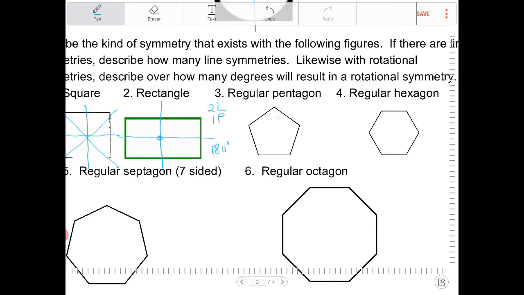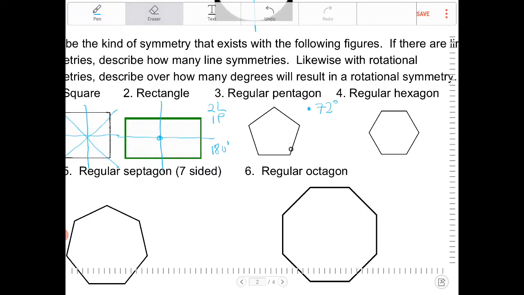Here there's definitely a point symmetry, and the rotational symmetry for that to happen would be 360 divided by 5. That would be 72 degrees of rotational symmetry.